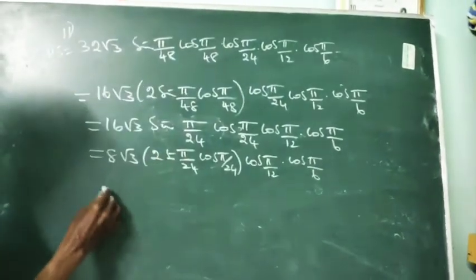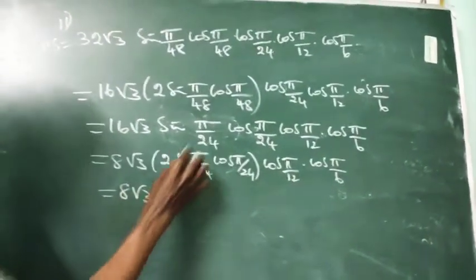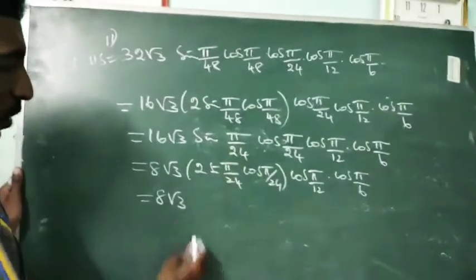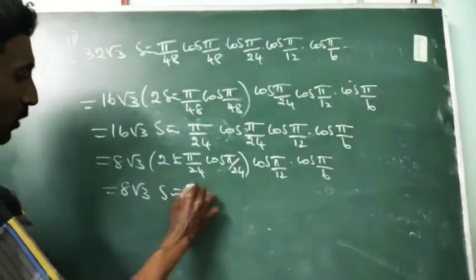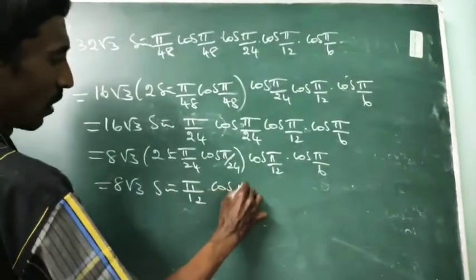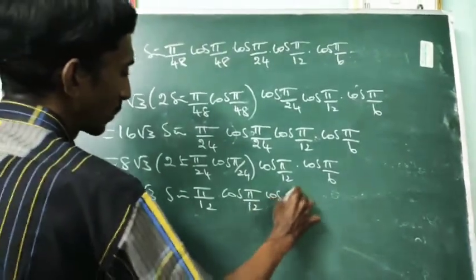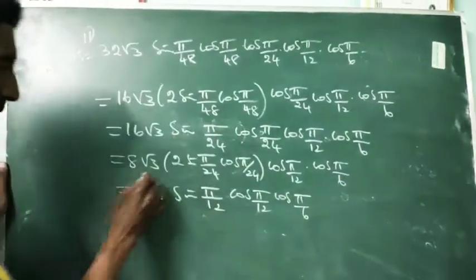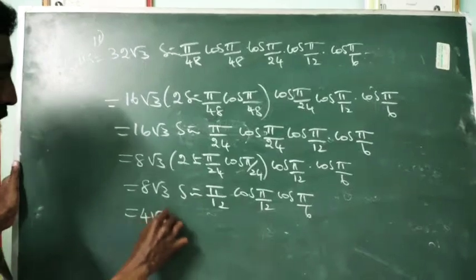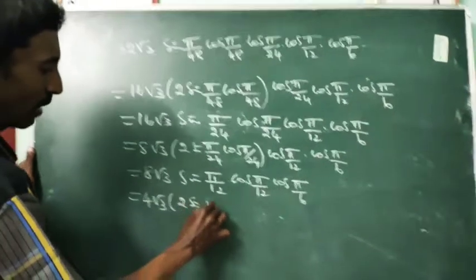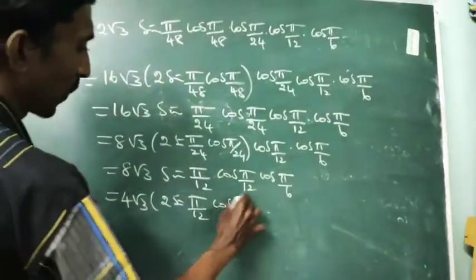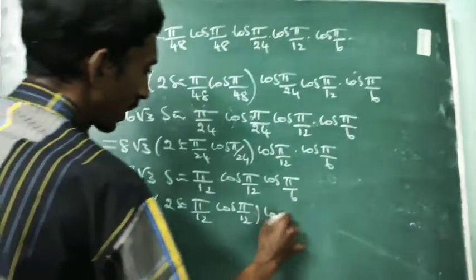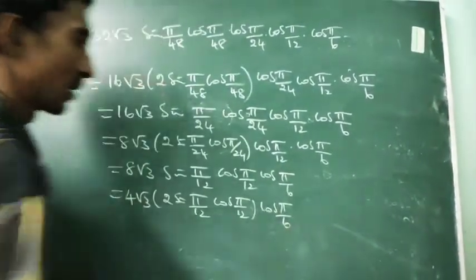So it becomes again sin 2 theta. So sin 2 into pi by 24, so sin pi by 12 cos pi by 12 cos pi by 6. So again take 1 2. So 4 root 3 into 2 sin pi by 12 cos pi by 12 into cos pi by 6.